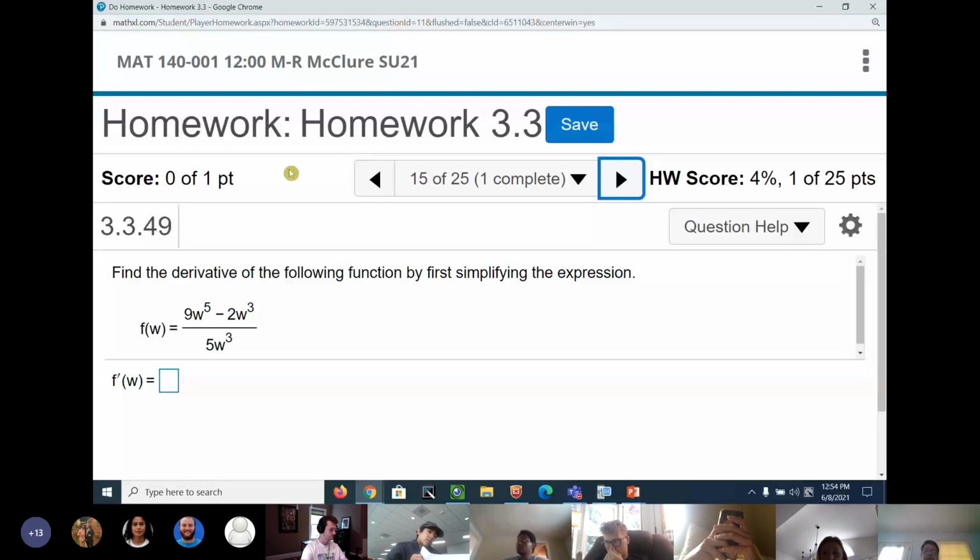Do both. I'm going to have to hurry, so I'm going to give y'all a chance to write it down right quick. F of W is equal to 9W minus 2W over 5W.